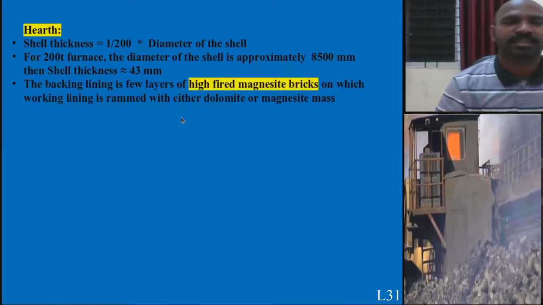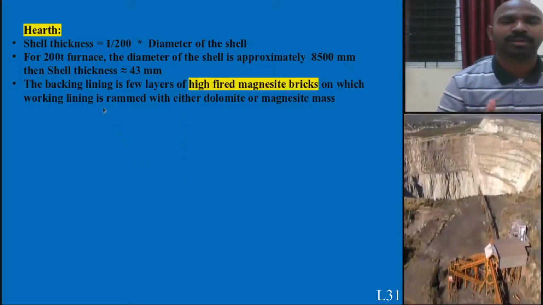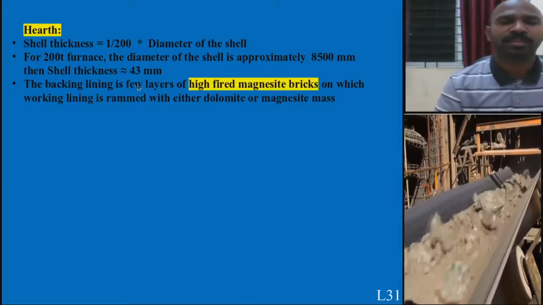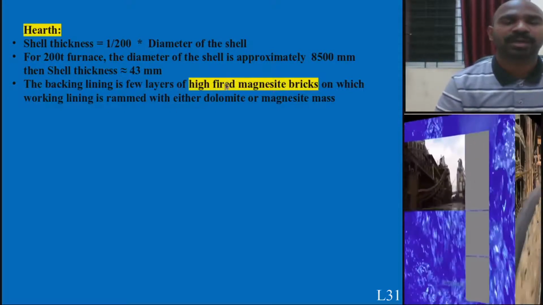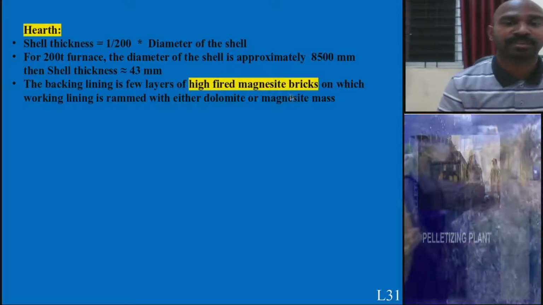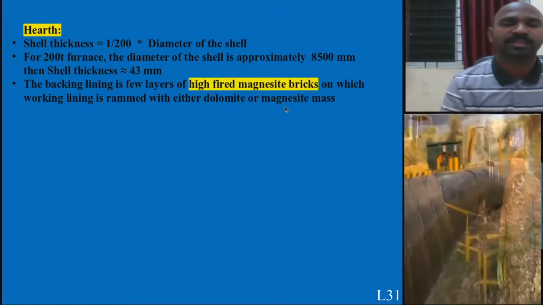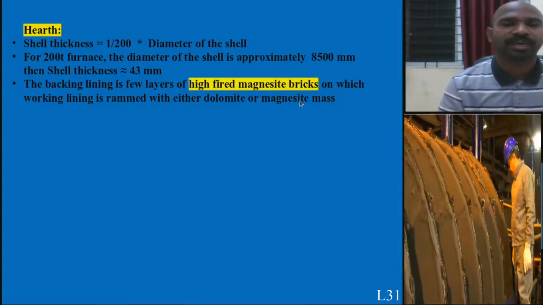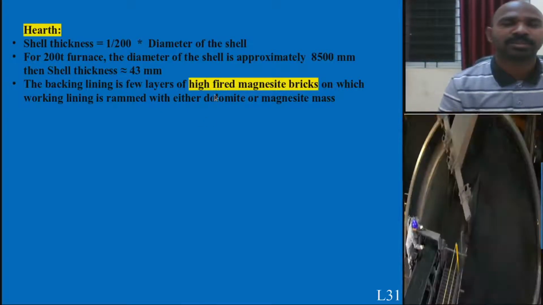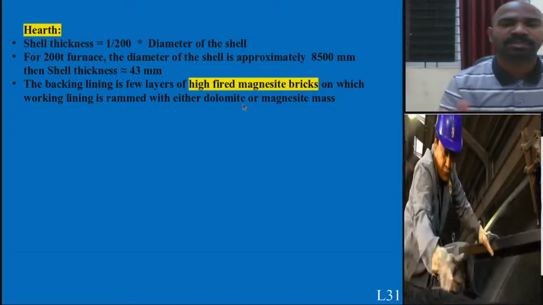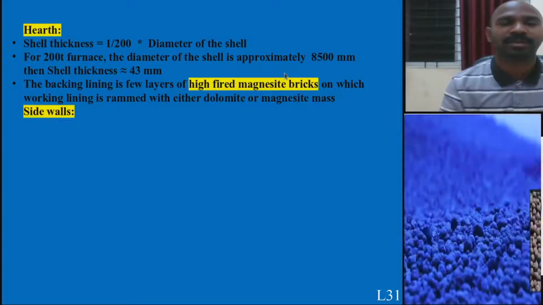In one furnace example, the back lining or safety lining is made of a few different layers, where fired magnesite bricks are used, or dolomite magnesite mass. One needs to remember these points for MCQ questions in the GATE examination.